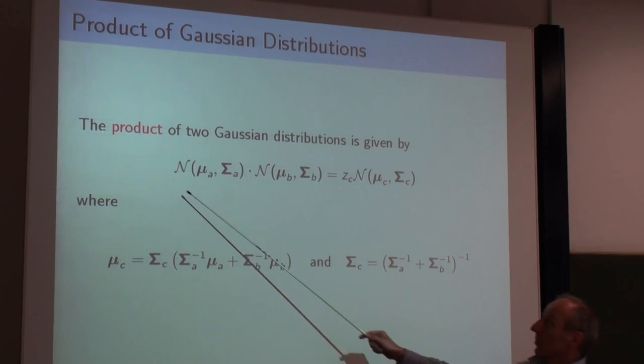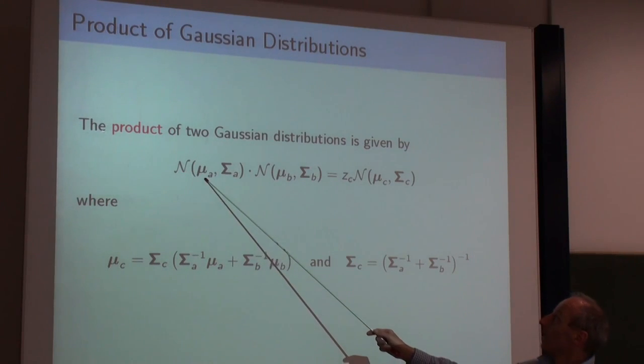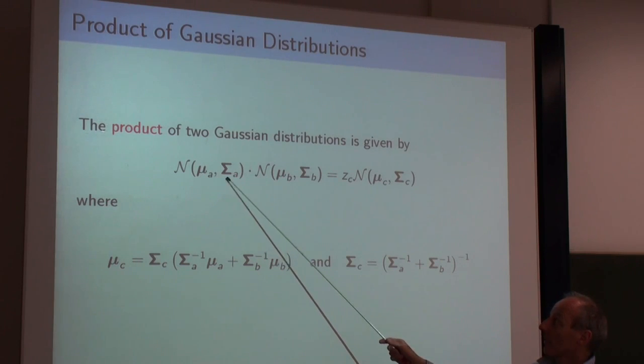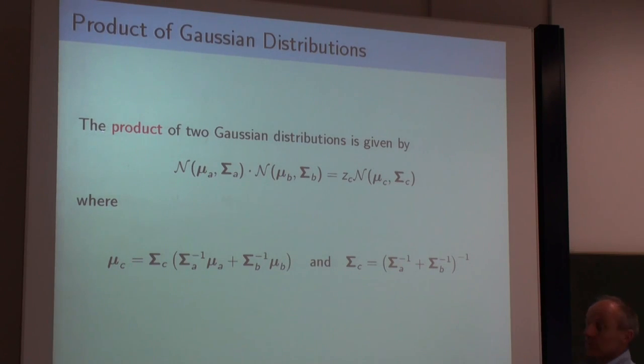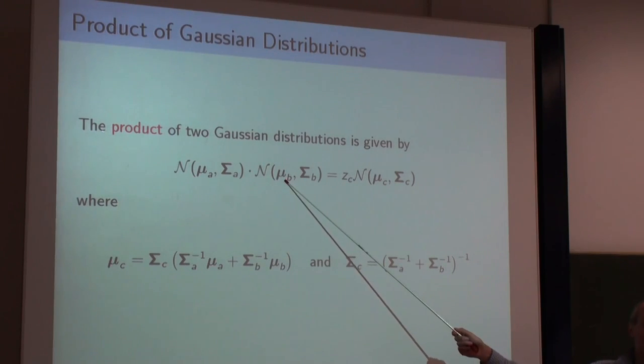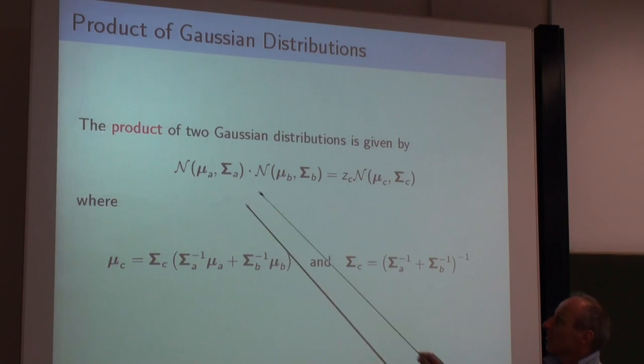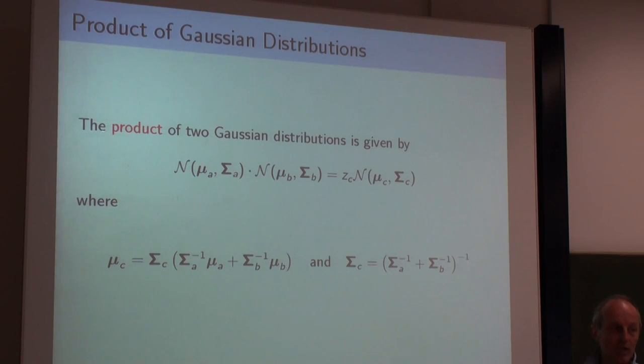So we have such a normal distribution, a first distribution with some expected value and a covariance matrix which is not diagonal, and another distribution with a different expected value and different covariance matrix. Then the product of these two distributions can be represented as a new normal distribution.